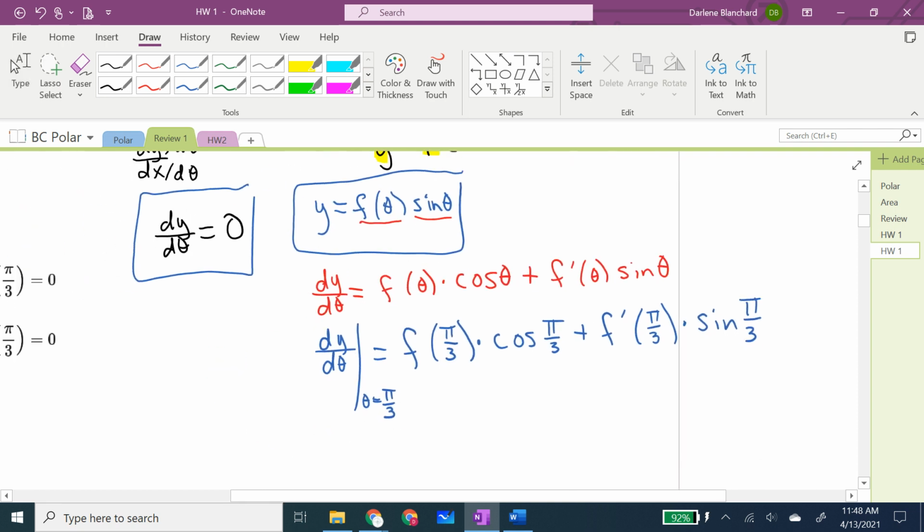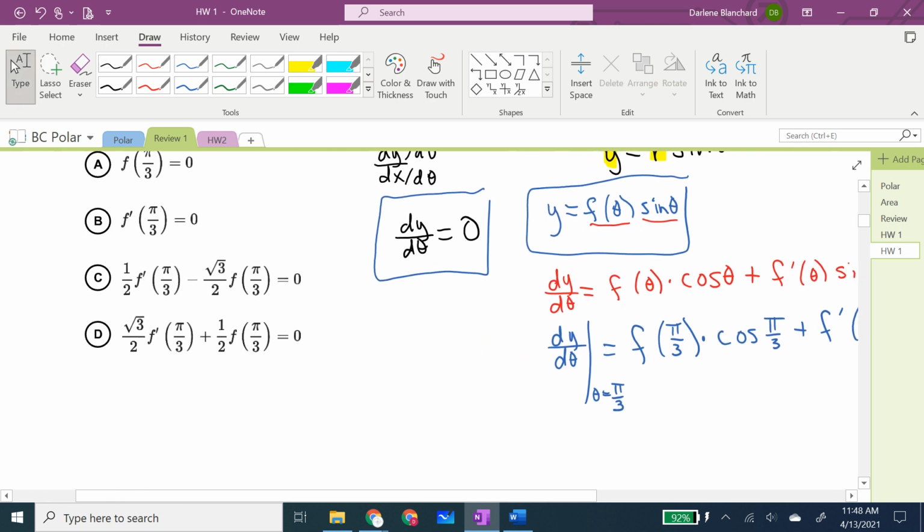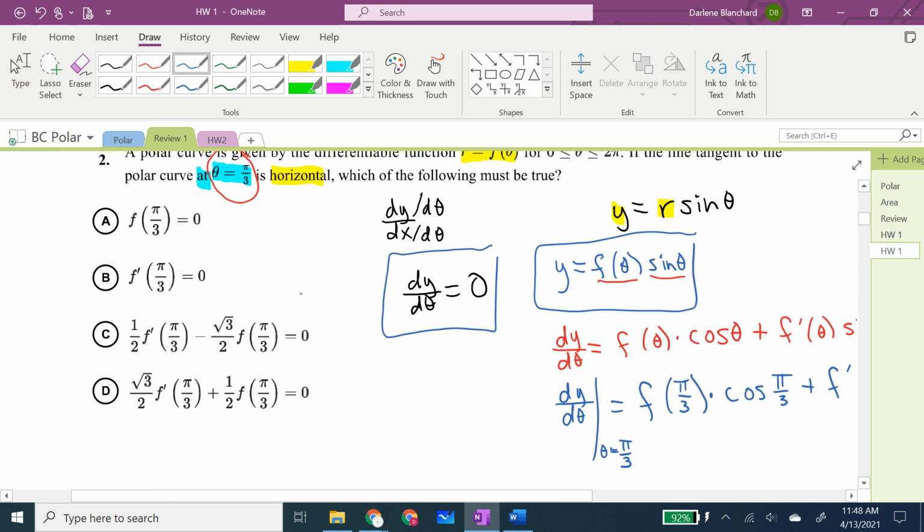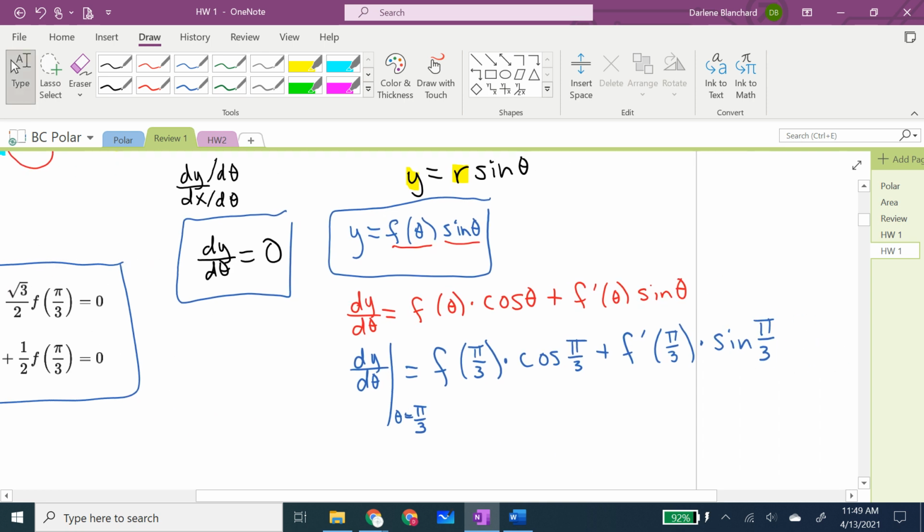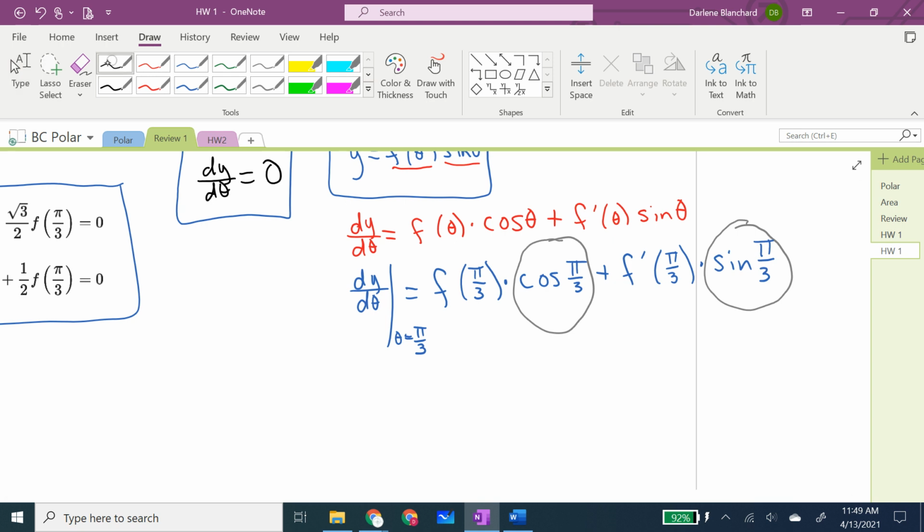Now at this point, when I look at the answers, I see, oh, okay, it's one of these two, but I primarily need to get the correct answer to the unit circle's value of cosine of pi over 3 and the unit circle's value of sine of pi over 3. So now you're probably starting to feel comfortable, or maybe your unit circle bothers you.